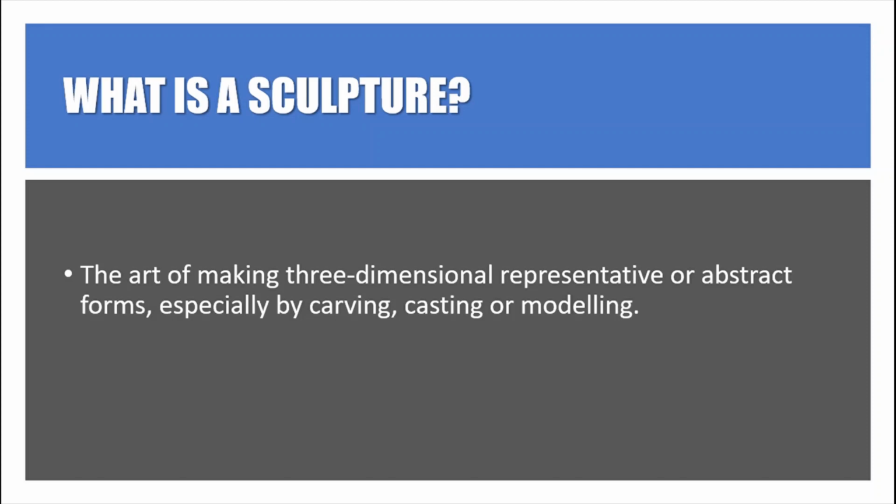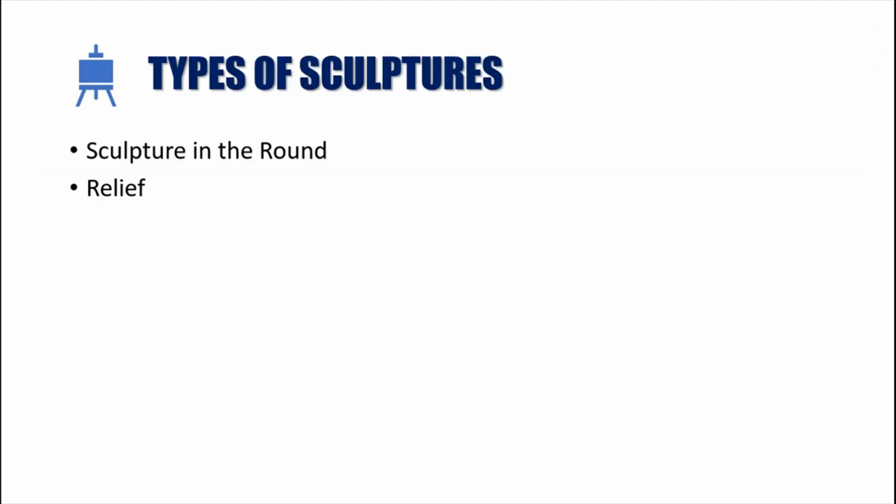So it's basically three-dimensional art, sculpture. Now, there are two types of sculpture. You have sculpture in the round and relief sculpture. Relief sculpture is a sculpture that is projecting from a background. For example, a dollar coin. And a sculpture in the round is like a statue, something you can walk right around.